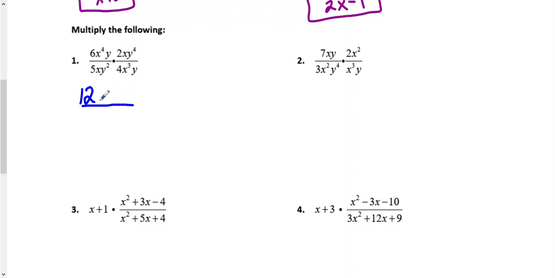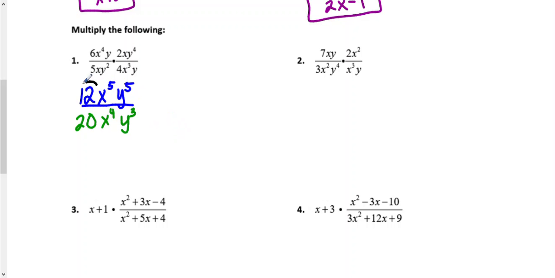X to the 4th times x is x to the 5th. Y times y to the 4th is y to the 5th. And then the bottom, 5 times 4 is 20. X times x to the 3rd is x to the 4th. Y squared times y is y to the 3rd.